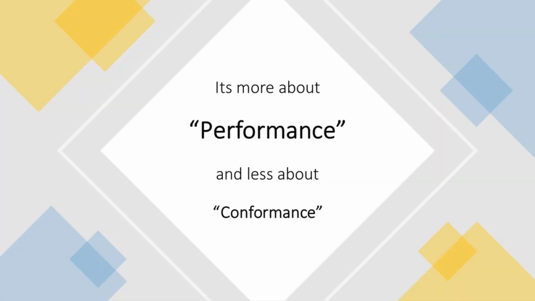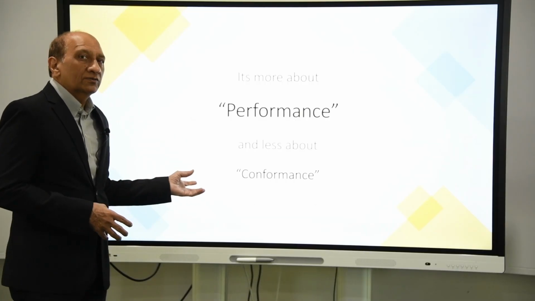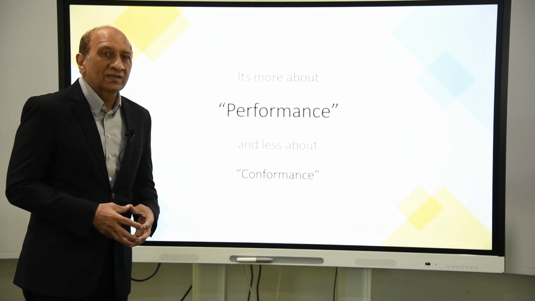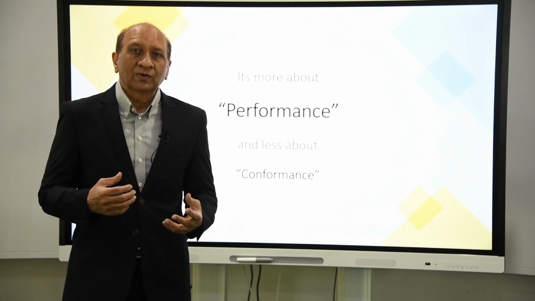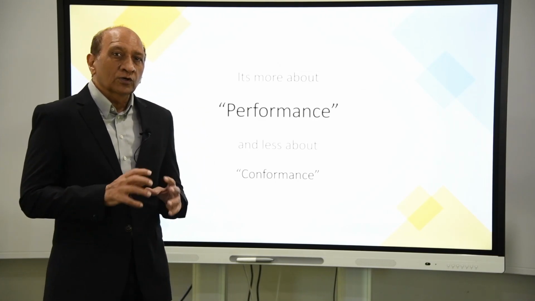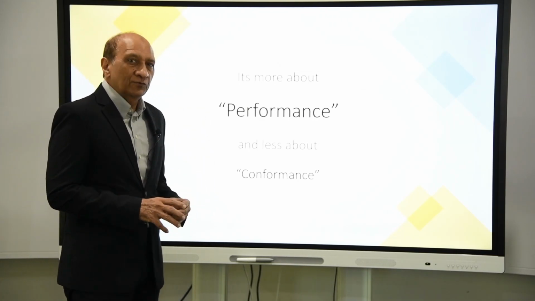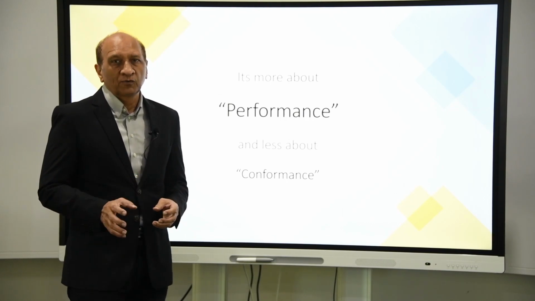So performance is actually about doing something which is well defined, and we just look at how the final outcome is, and we don't really focus on conforming to some standards. Of course, there are going to be standards and ways to do this also, but the end focus is on performance and not conformance.